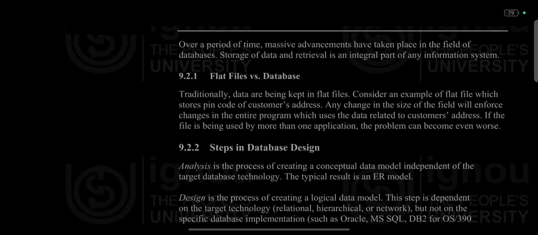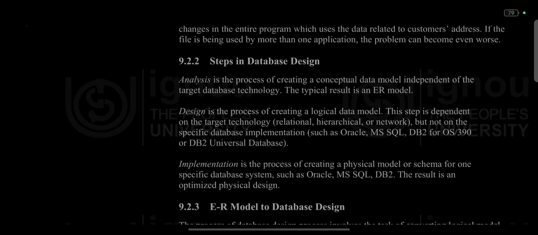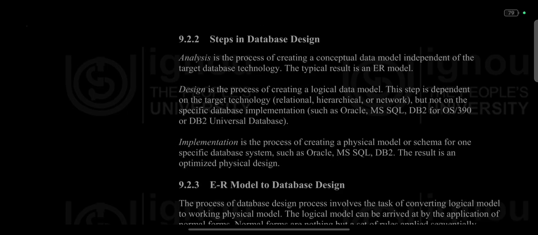Steps in database design. Analysis is the process of creating a conceptual data model independent of the target database technology. The typical result is an ER model. Design is the process of creating a logical data model.